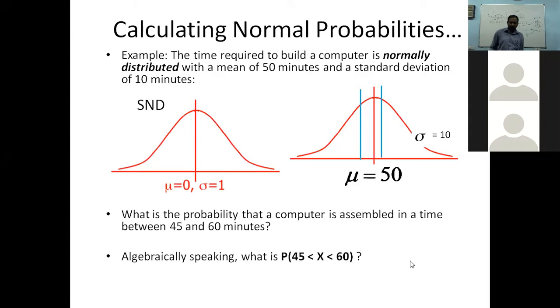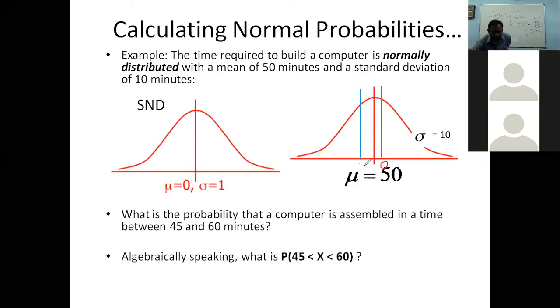So this is the question. Find the value between 45 and 60. You can draw proportionately, no problem. Now we are going to convert this into the standard normal distribution, where the mean is 0 and the variance is 1.